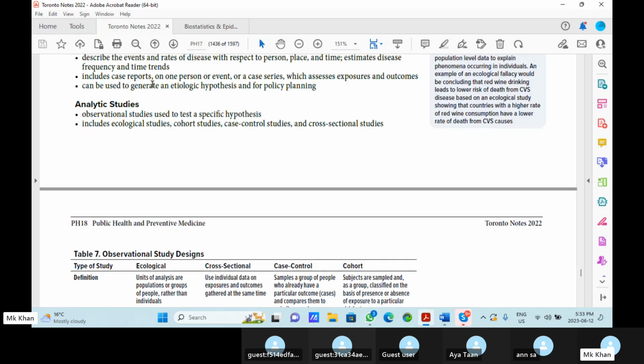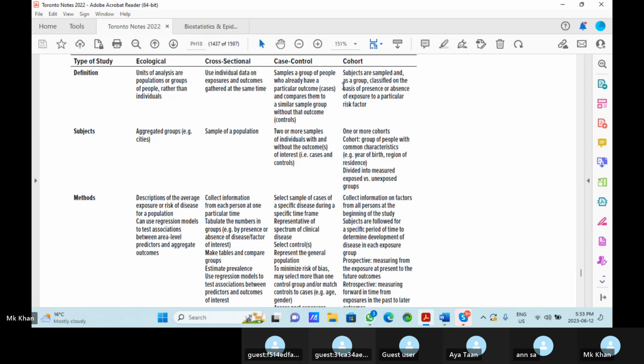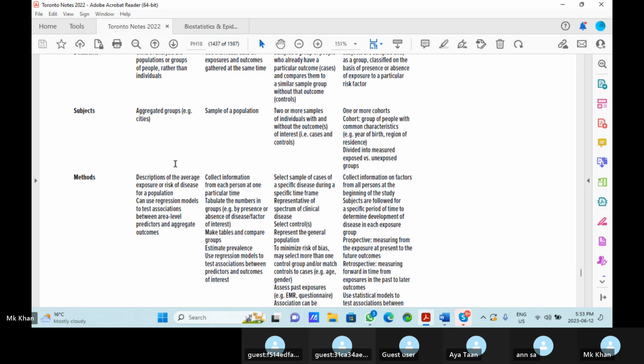They are in the analytical studies. So observational studies are basically ecological, cross-sectional, case control, and cohort. Ecological is basically where the units of analysis are populations or groups of people rather than individuals, and the data are aggregated.